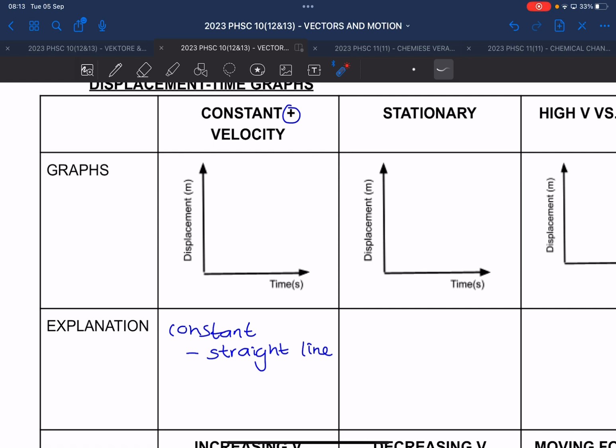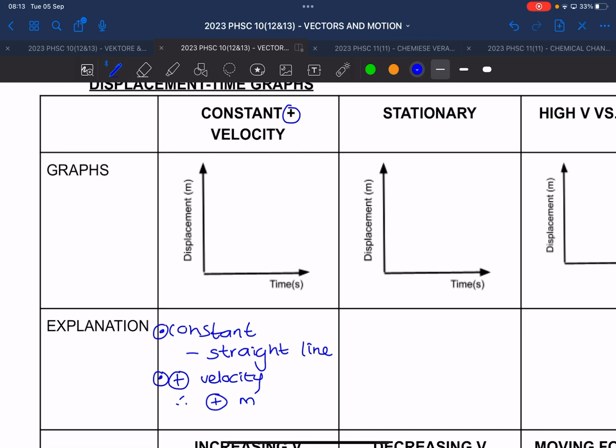Displacement or distance. Isn't it the line that you draw between the two? The gradient. Okay, so if it tells you it's a positive velocity, then it means a positive velocity means that it must be a positive gradient.